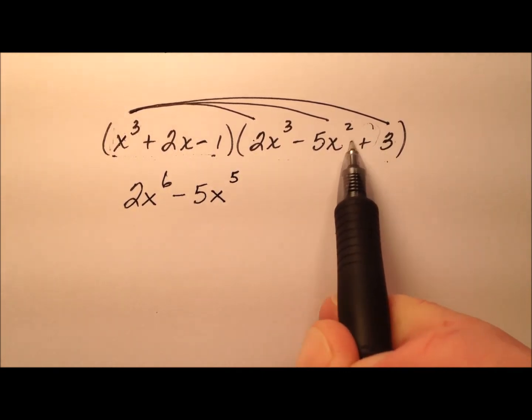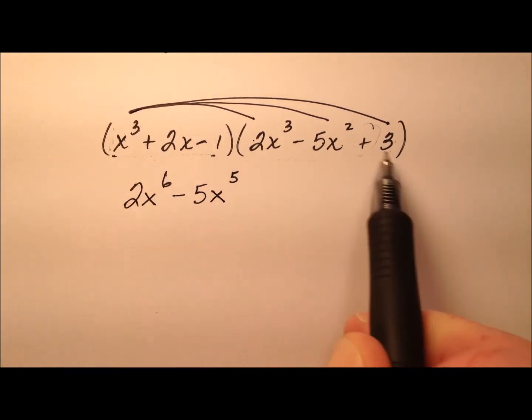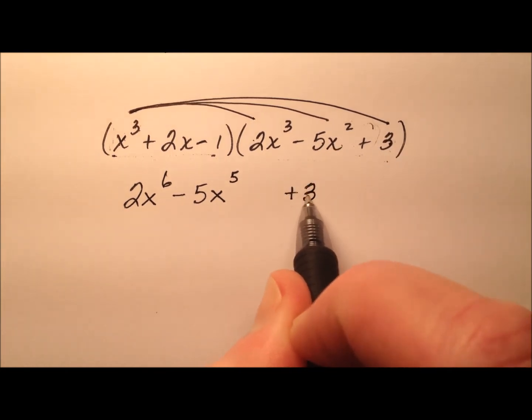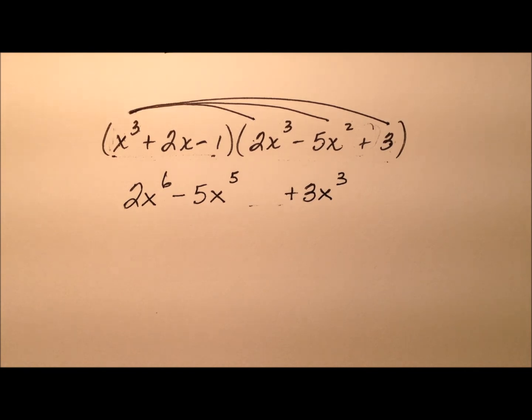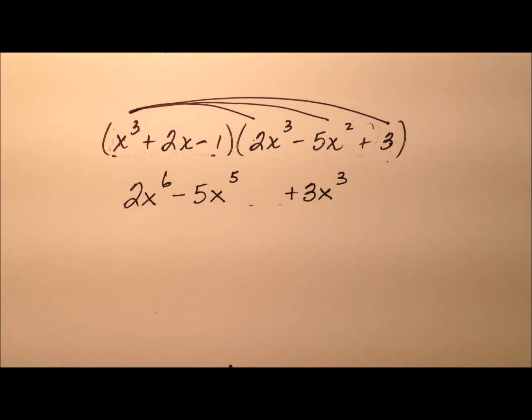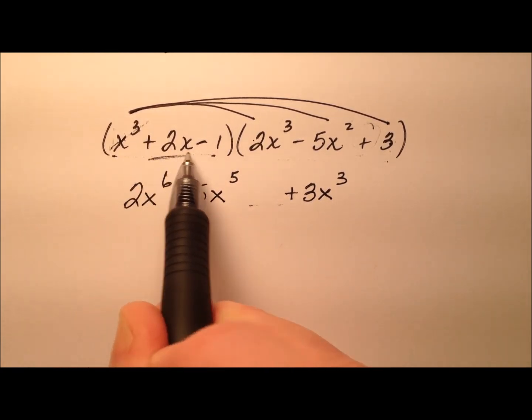Notice now we're missing this linear term. There's no x. We move right onto the constant. So x cubed times 3 is going to be 3x cubed, and that's positive. So I'm going to go ahead and leave just a little space for my x to the 4th term, which could show up in other multiplications. Okay? So the x cubed is done, so let's move on to the positive 2x.